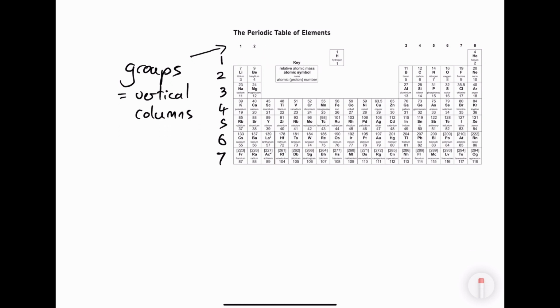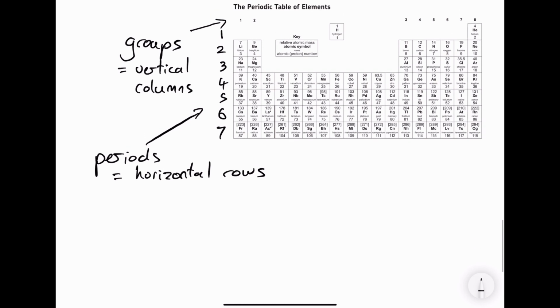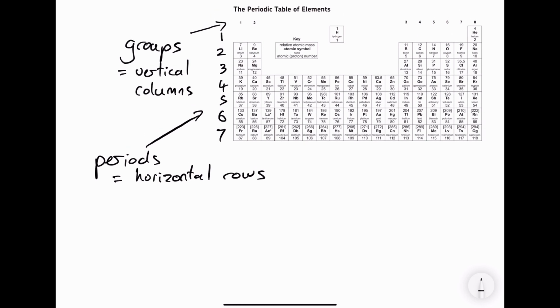So what do these mean in terms of electron configurations? Well, the group correlates with the number of electrons in the outer or valence shell of an atom.